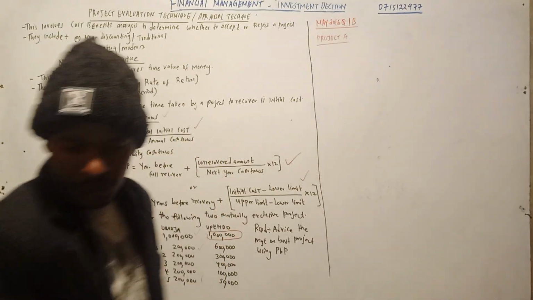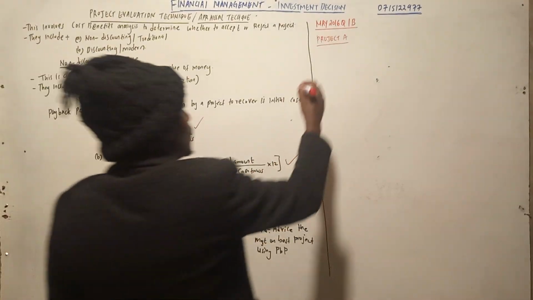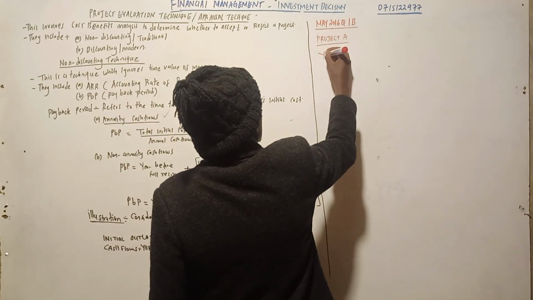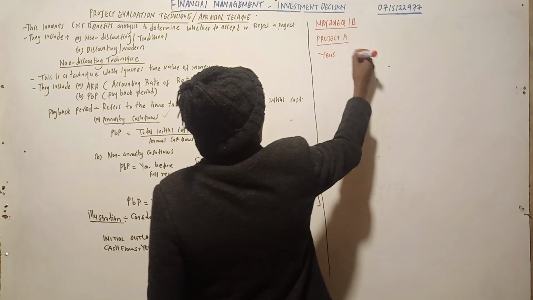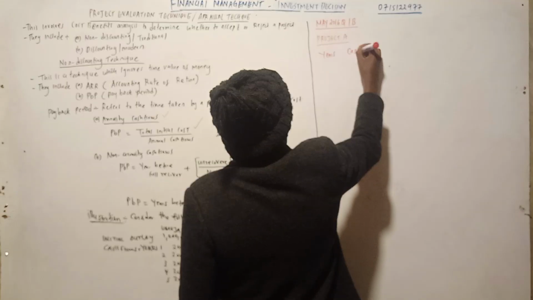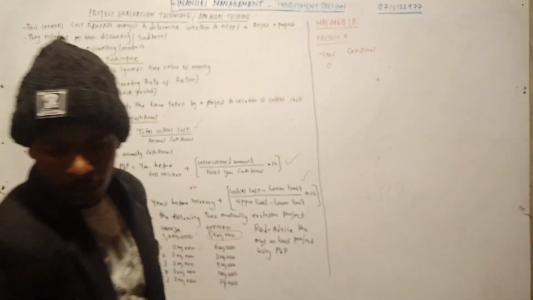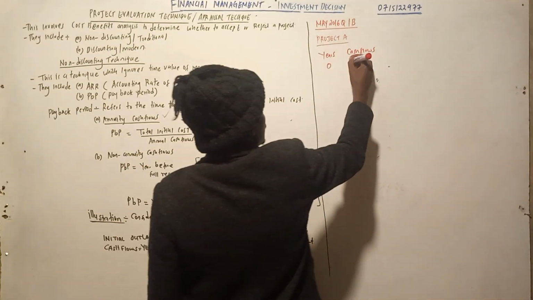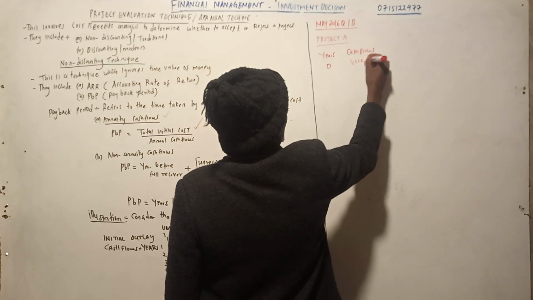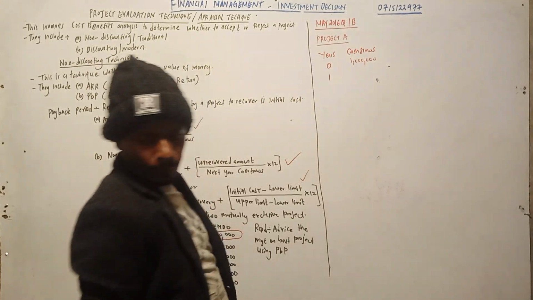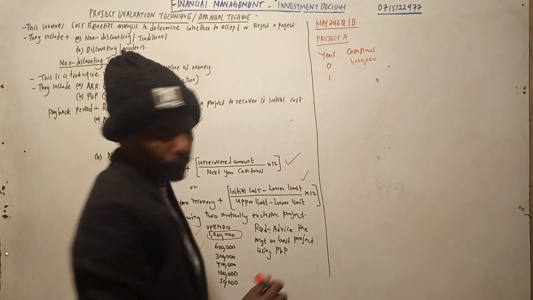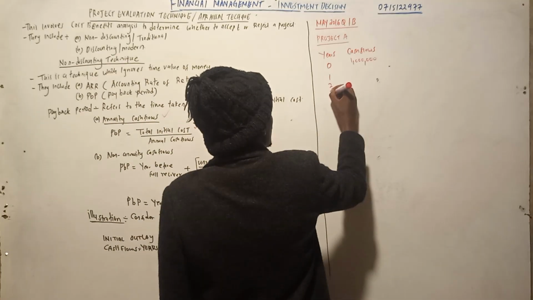Project A. So looking at Project A, year 0, we have the years, then we have cash flows. At year 0 it is 1 million. Then we have years 1, 2 and 3.